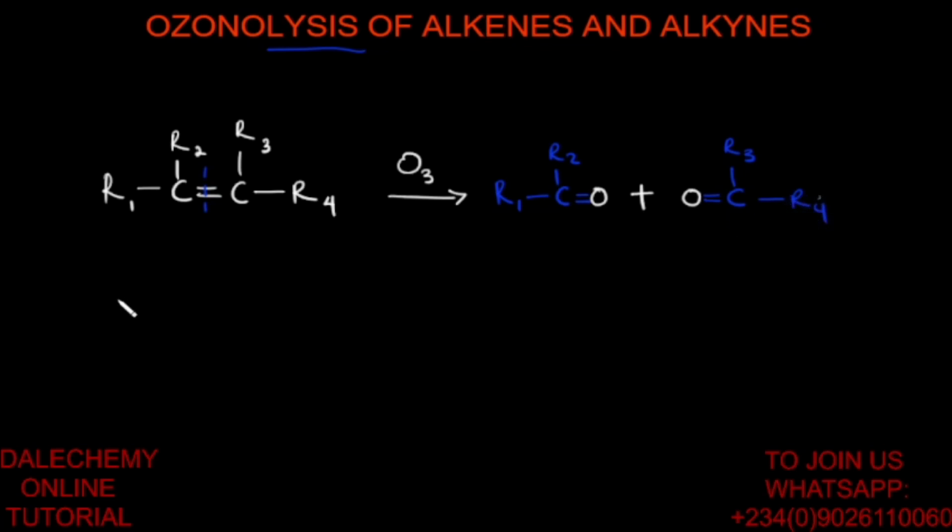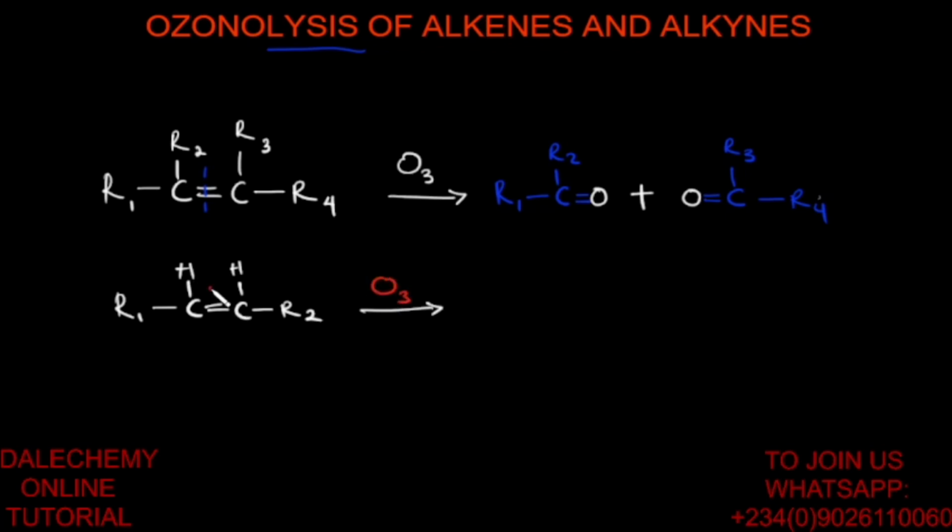Now sometimes the alkene might have hydrogen, as opposed to the alkyl group that we have here. So it might have just an alkyl group and hydrogen. You would still do the same thing when you react this with ozone. Don't forget it's O3.